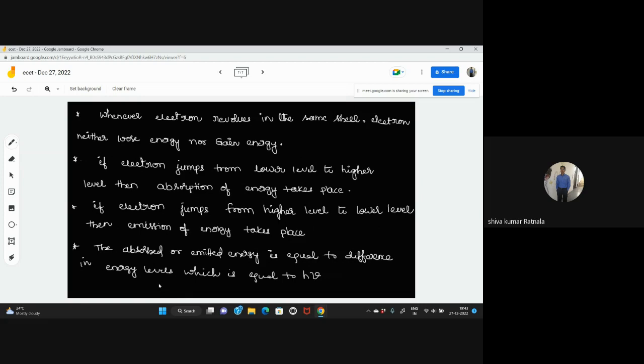For example, E2 is the higher energy level, let me consider, and E1 is the lower level, that is E2 minus E1 equal to h nu.